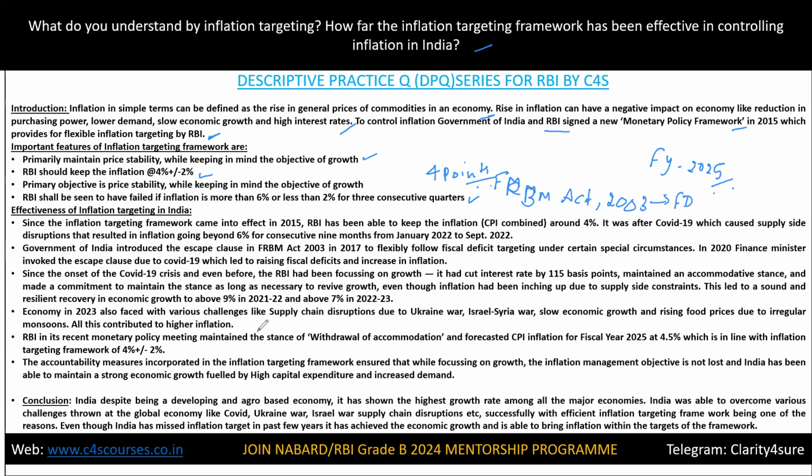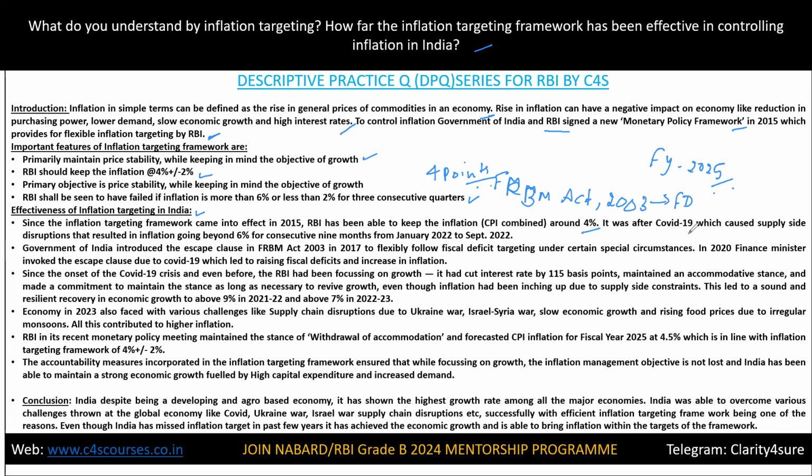Next we will see the effectiveness of inflation targeting in India, how it has worked over the past 10 years. First point is, since the inflation targeting framework came into effect in 2015, RBI has been able to keep CPI combined inflation around 4%.